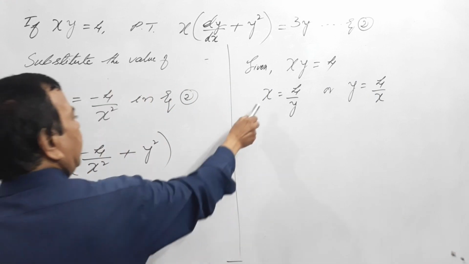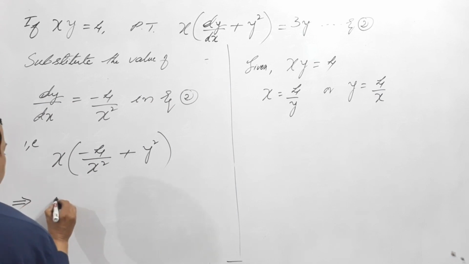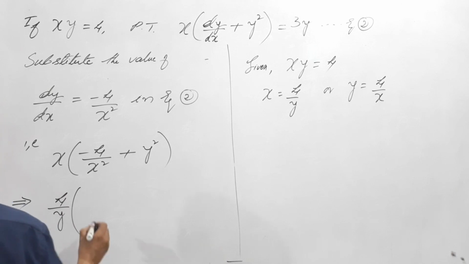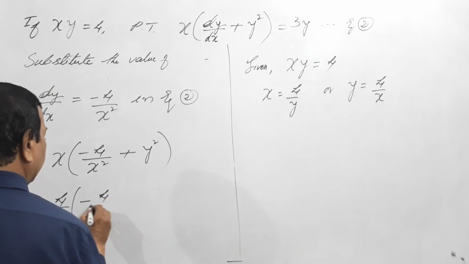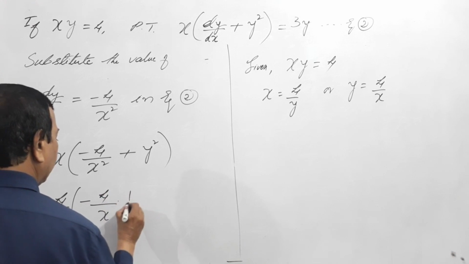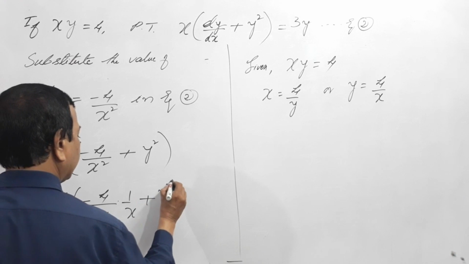So what is x here? I substitute the value of x as 4 by y, which means x is 4 by y minus 4, I will write this by x into 1 by x plus y square.